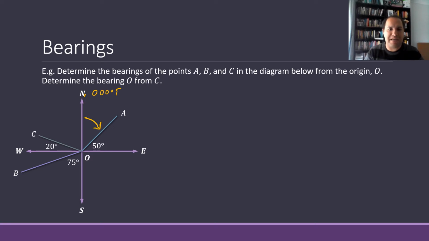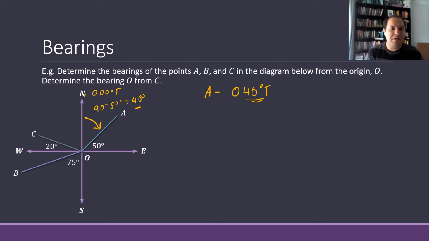We know this angle from A down to east is 50 degrees, so our angle up here will be 90 subtract 50, which is 40 degrees. So for A, our bearing is 040 degrees true.